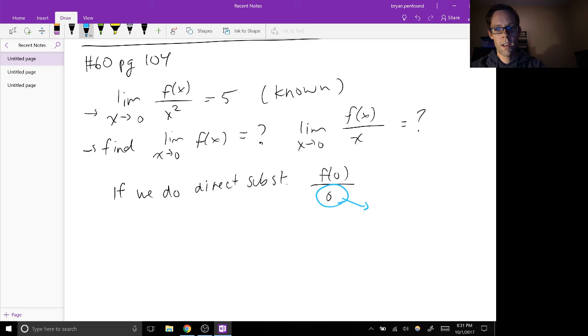And it's because of this denominator equaling 0 when I do direct substitution that I'm thinking one of two things. Either there's a hole or there's a vertical asymptote. Okay, so that's the information I'm getting from the denominator.